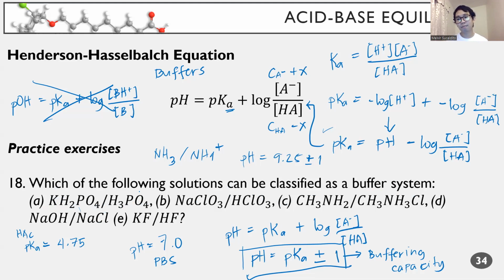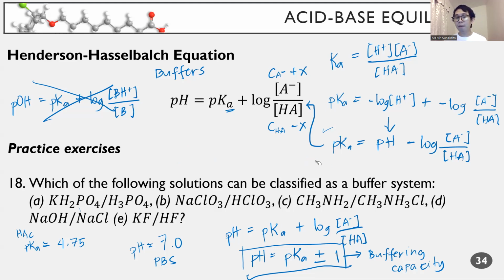Actually, this is a tricky question because these are polyprotic. I have no idea if it will technically work as a buffer system, because the dihydrogen phosphate ion is not very stable in a sense. It will just keep on dissociating.